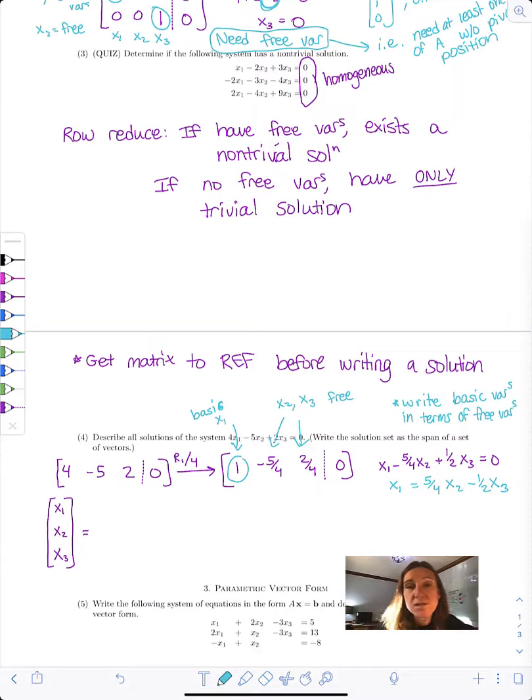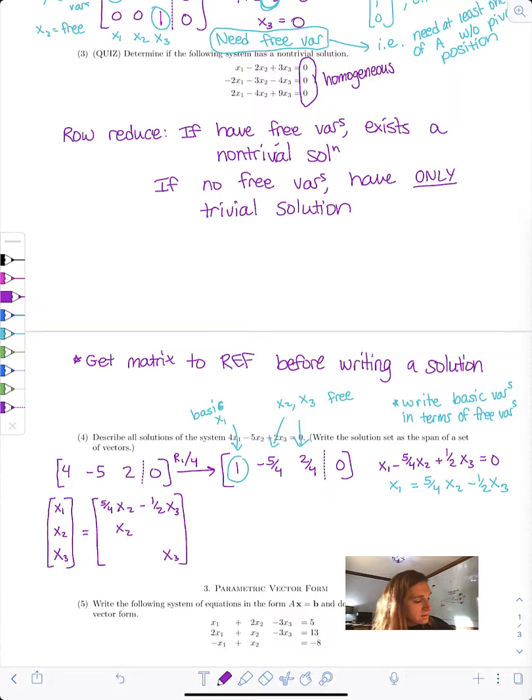This just allows us to use our freedom from our free variables to get different options for our basic variable. So now we can plug that in. Our first variable is basic, x1, so we write down what it's equal to in terms of our free variables. And then our next variable is x2, which is free, so it's just equal to itself. And then our final variable, x3, is another free variable, so it doesn't depend on anybody else.